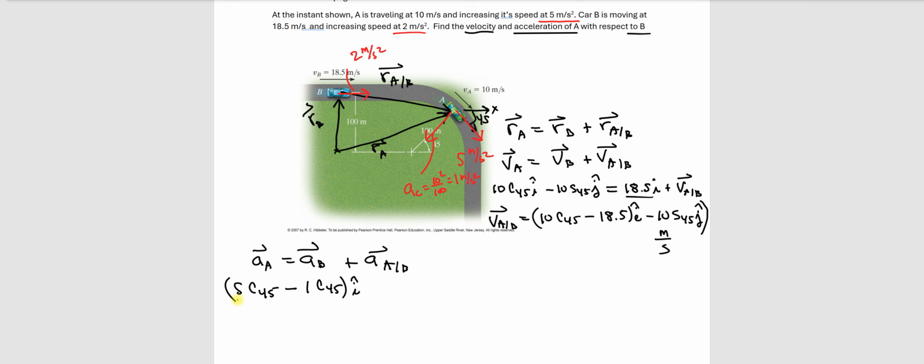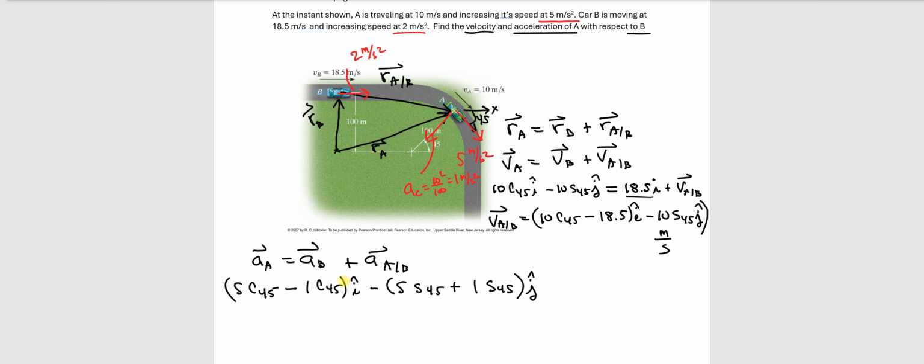In the j direction, both are down, so minus, going back to that first vector, 5 times the sine of 45 degrees. That's the y component of that vector. And now plus 1 times the sine of 45 degrees for the y component of this vector. That one's y component is down, but with the minus sign, it ends up down. That's in the j direction.